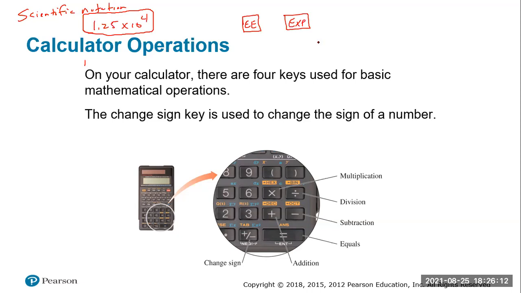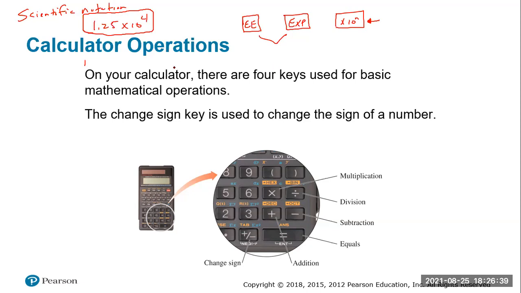And to be honest with you, if you have some of the newer calculators that are being produced, it may even have a button that's like times 10 to the n or something like that. If you have this button, we'll talk about you in just a second. But if you have these two buttons, you pretty much can enter things without parentheses.